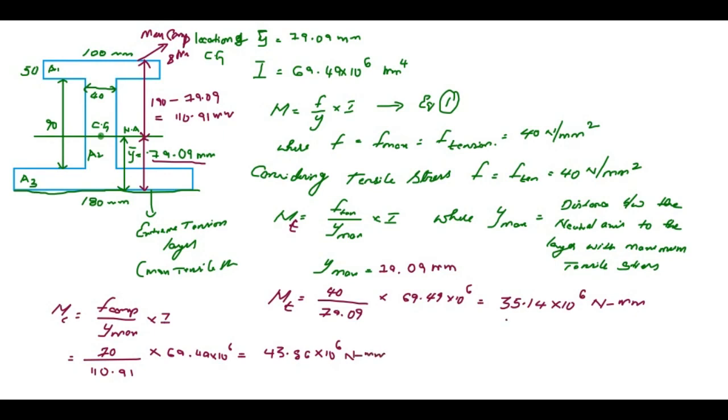See guys, when you consider the maximum tensile stress, the maximum moment of resistance is 35.14 into 10 to the power of 6 Newton mm. And if you have considered the compressional stress, the maximum bending moment or moment of resistance is this.